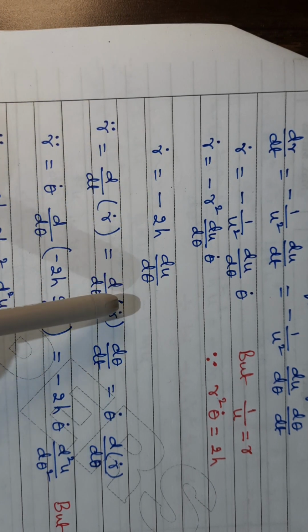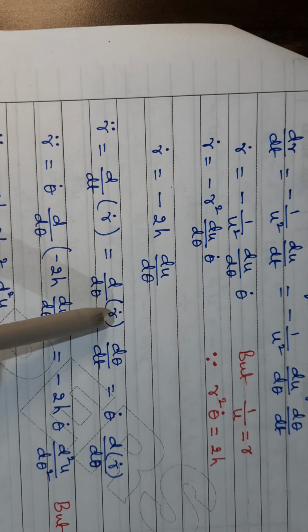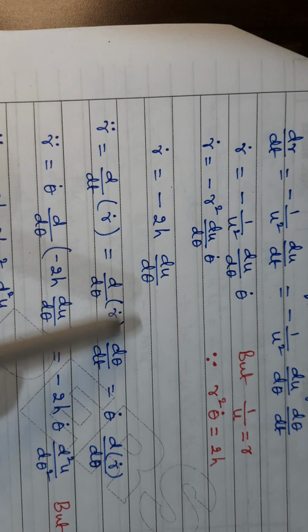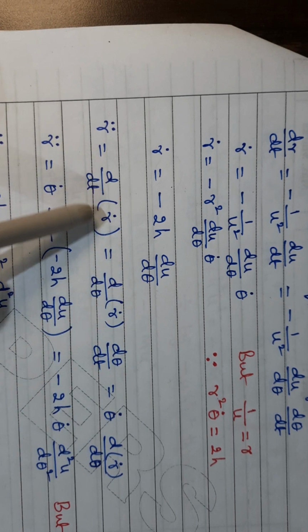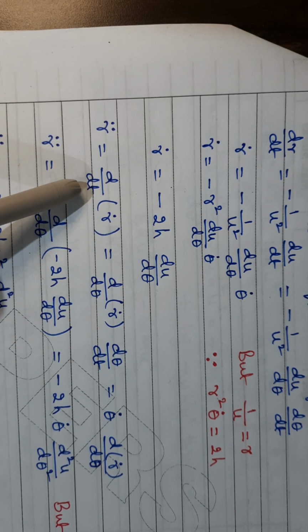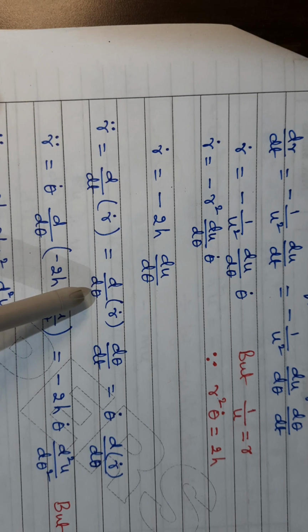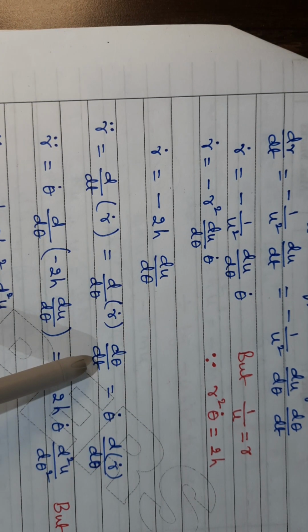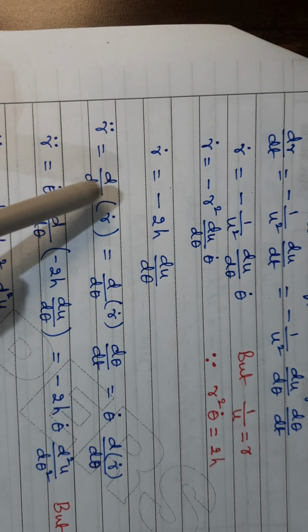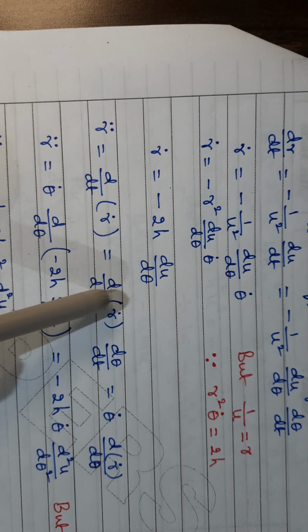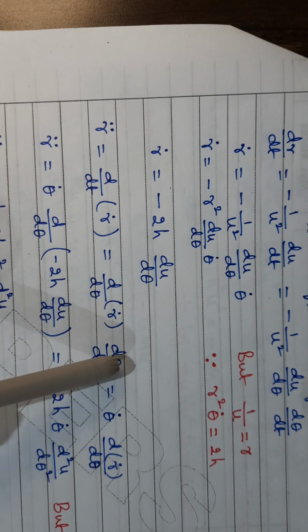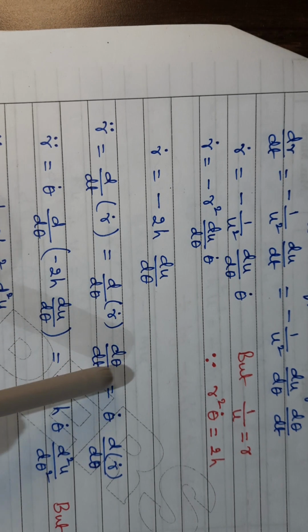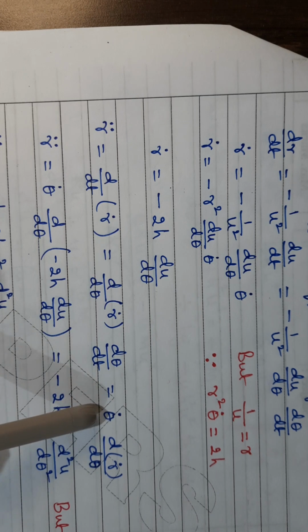That is equal to d by d theta of r dot into d theta divided by dt. This is actually a function of a function. Here it is with respect to time. First differentiate with respect to theta, then theta again we are differentiating with respect to time. But we know that d theta divided by dt is equal to theta dot.